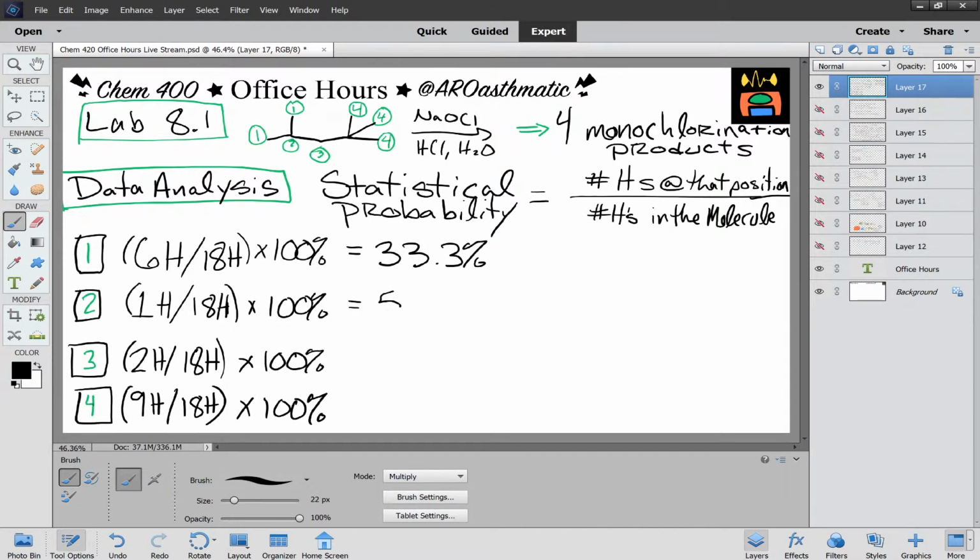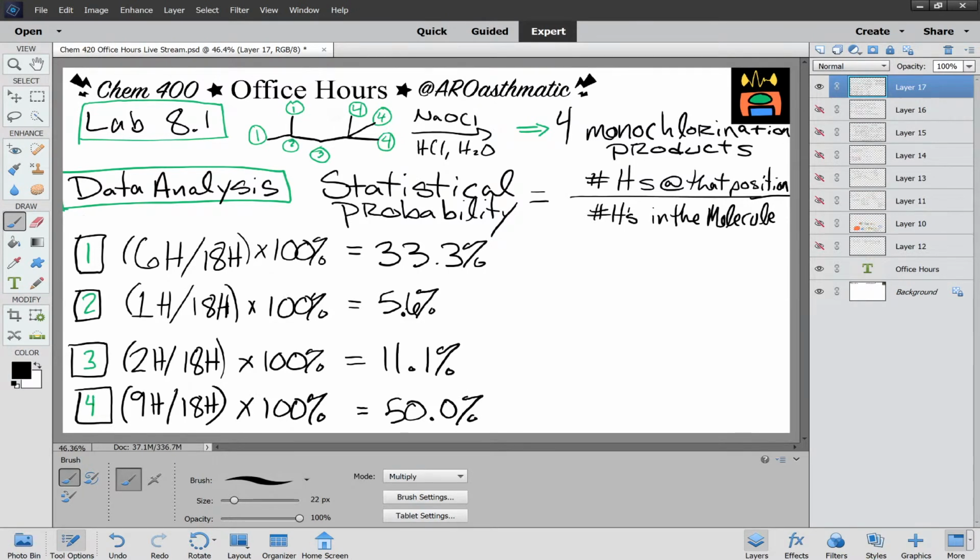So there is a 5.56, I'm just going to go with 5.6% chance of chlorination happening at that site. Third site, there's 2 out of 18. There's, statistically speaking, an 11.1% chance. Finally, for the last site, there's 9 out of the 18 available H's that we could chlorinate.